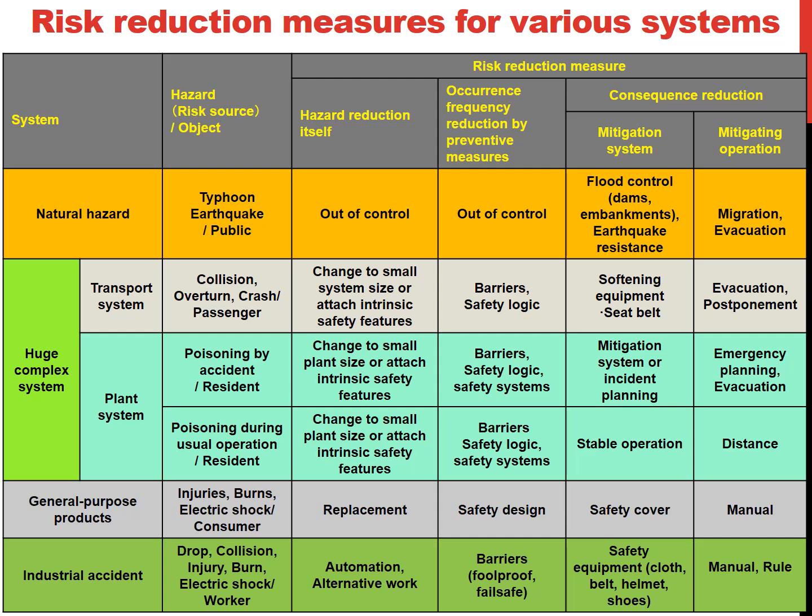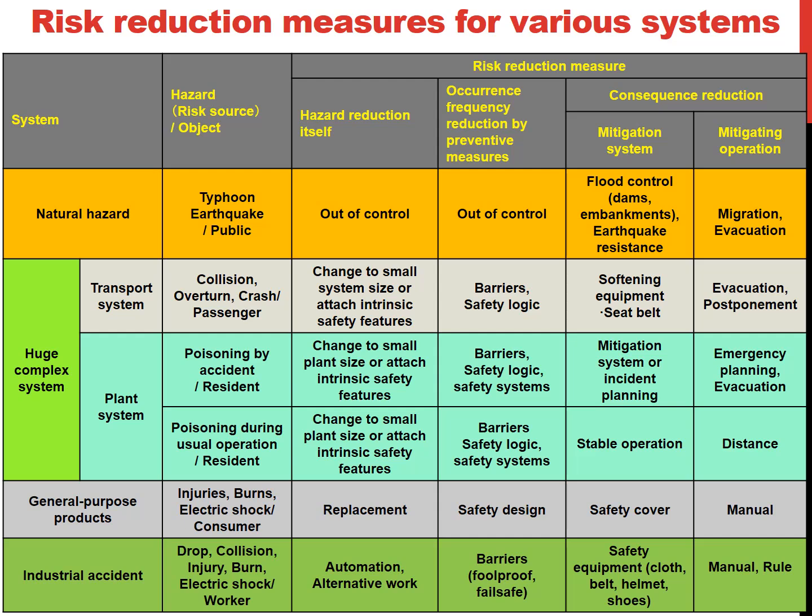In the event of a natural hazard, hazard reduction or occurrence frequency reduction are out of human control. They cannot be controlled by human hands. So all we can do for them is flood control or earthquake resistance, migration or evacuation.